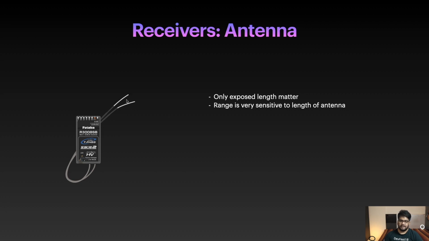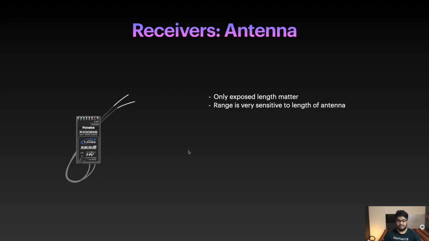This is nothing but a coaxial wire, with a wire inside it, and only this exposed length matters. You can see how small that is. Only that length matters for the transmission, and this is just extra length in case you break it. You can peel it back and get the good range back.